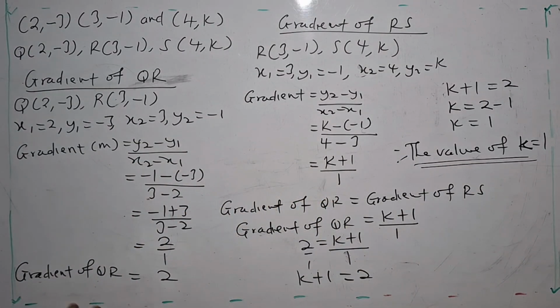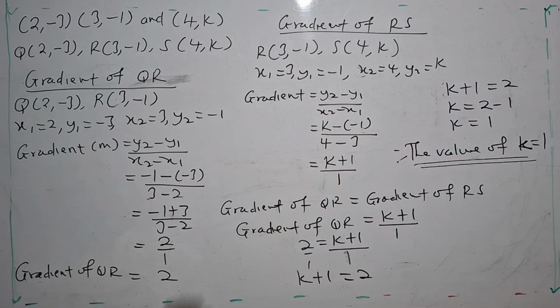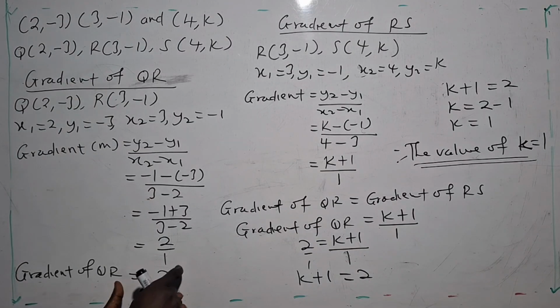This question looks a little tricky, but what you need to understand is that when points are on the same line, they must have the same gradient. So far as you've calculated the gradient of the other one, we've gotten a perfect number.